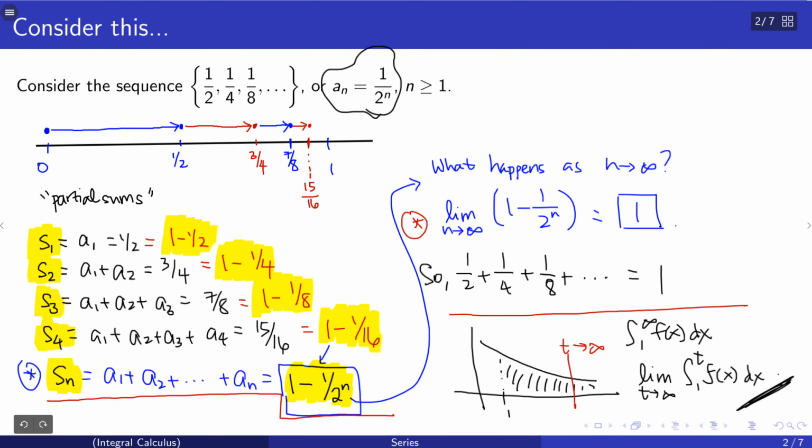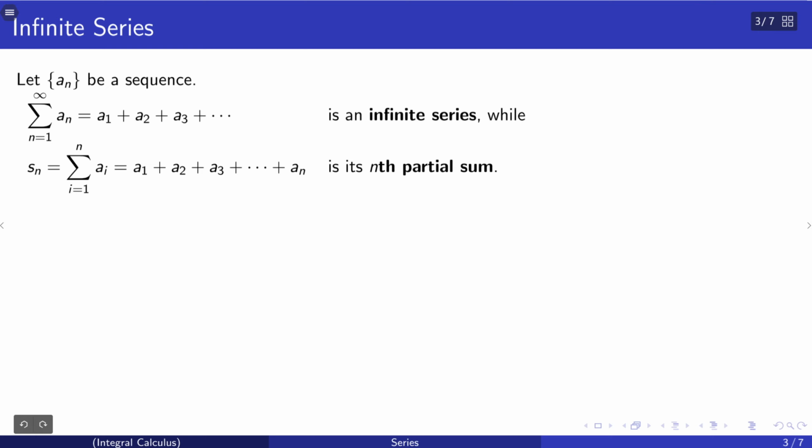And in fact, let's formalize it a bit more in this slide. For any sequence a sub n, we can actually form what we'll call an infinite series using this sigma notation that you've seen before. Summation of a sub n from n equals 1 to infinity. And yes, the upper index here is infinity. The upper bound is infinity.